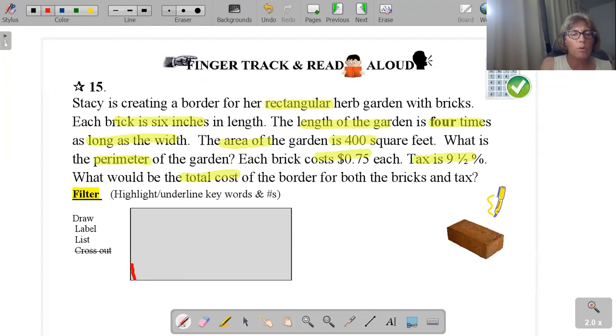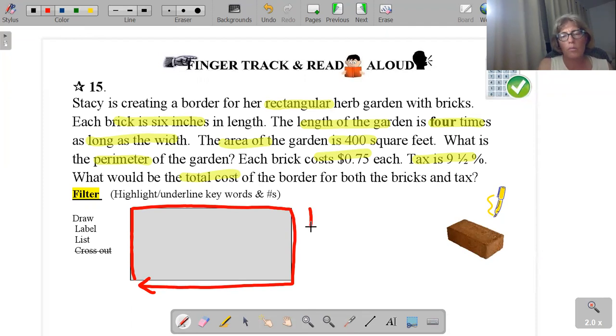So, number 1, we ultimately want the perimeter, because the border is the perimeter. That's what we ultimately want. We are given the area.